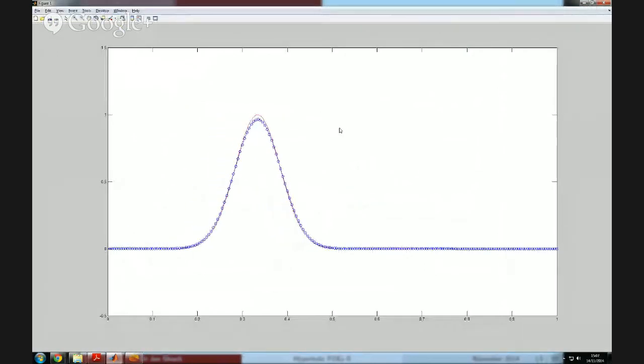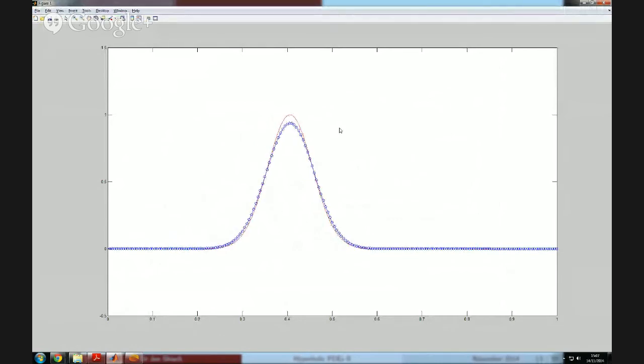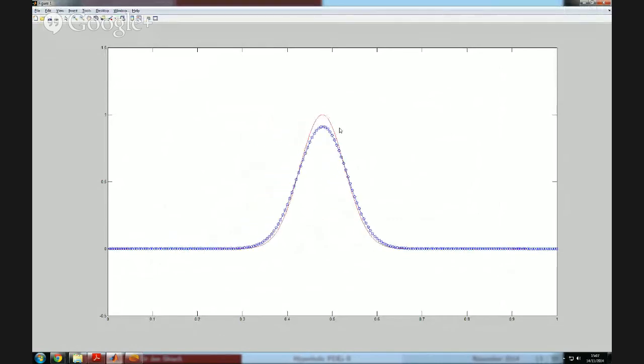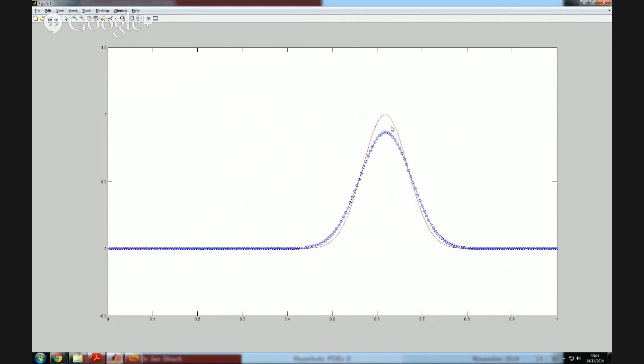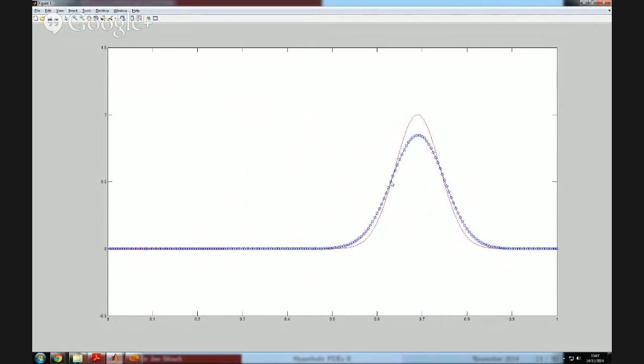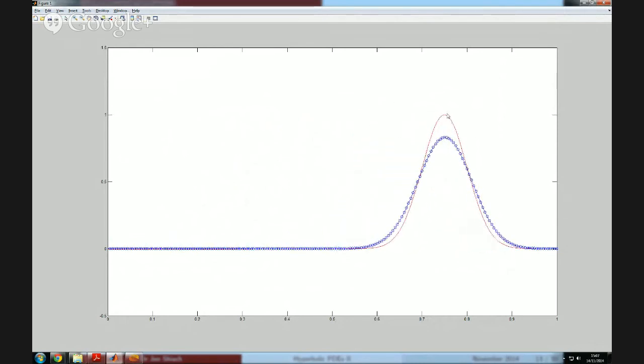There you go. And it's approximating that solution. You might start to notice, hang on, it's actually worse than the first order upwind scheme. What we have here is dissipation. In attempting to stabilize the forward time center space scheme, the Lax-Friedrich scheme has introduced what we call numerical dissipation.